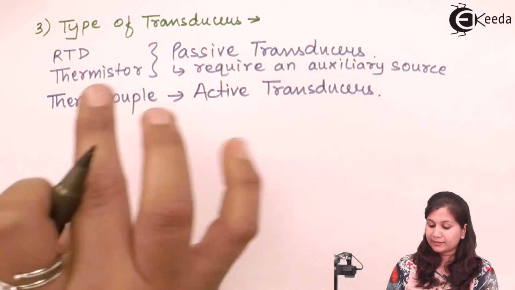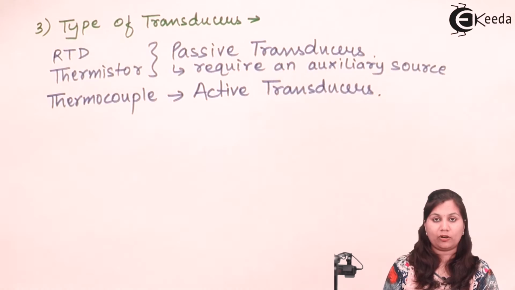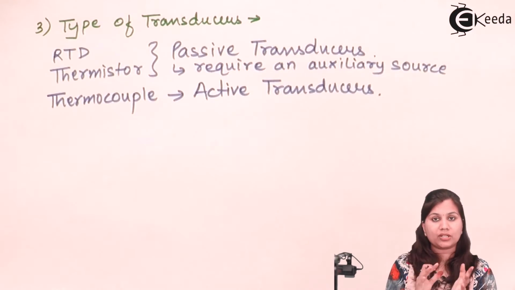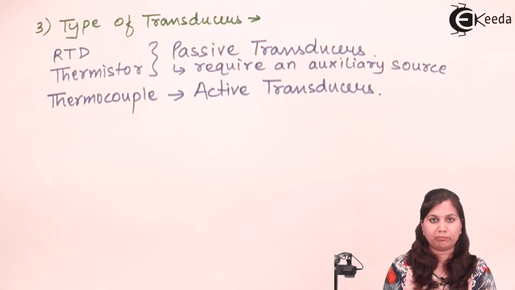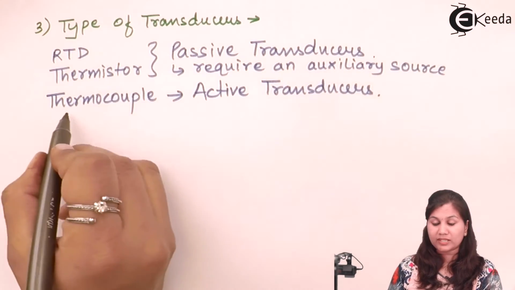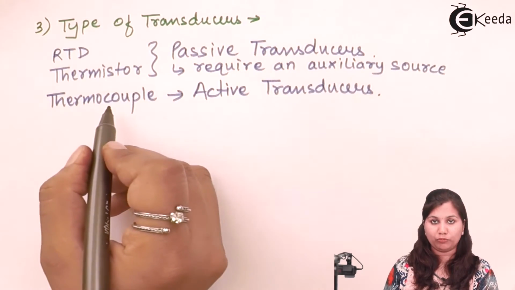Whereas the thermocouple, that is the active transducer, does not require any auxiliary source. The power which is required for conversion is provided by the quantity itself which is being measured. Here you have seen that in thermocouple, the electrical quantity generated was the output voltage.